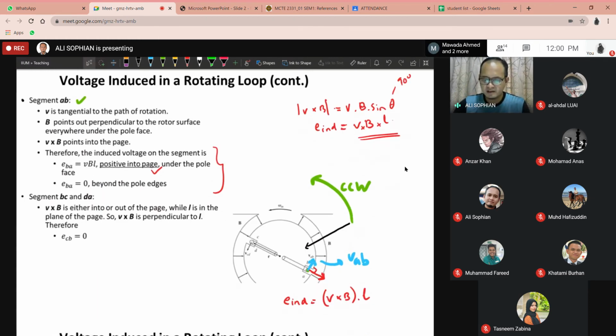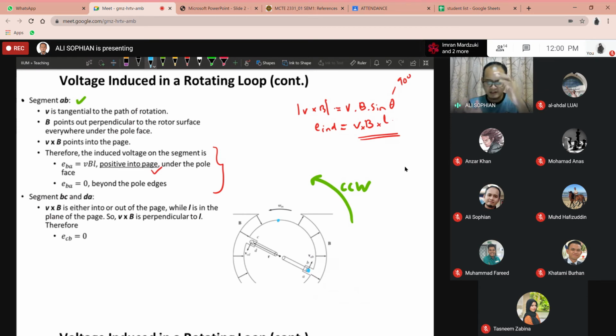Let me delete all these scribbles first. You get different results depending on the position of the rotor. I.e., the segment will have different induced voltage if it is here compared to when it is there.